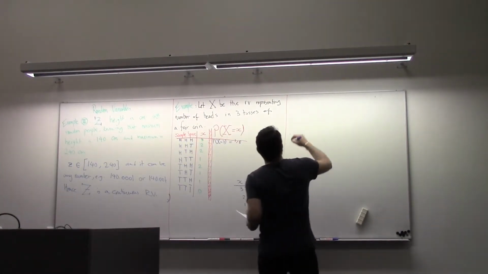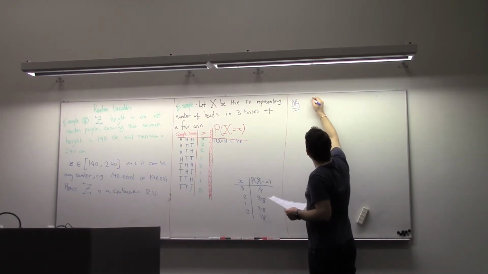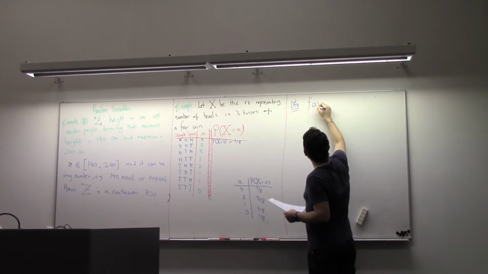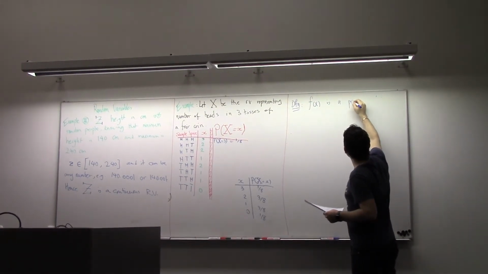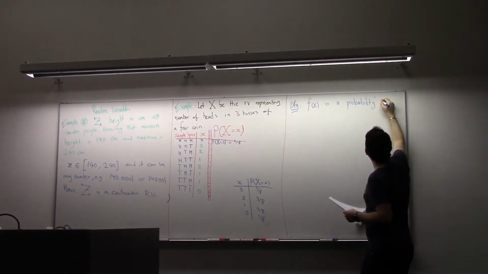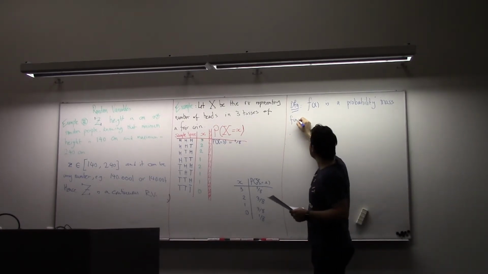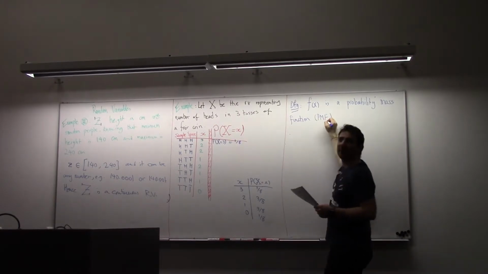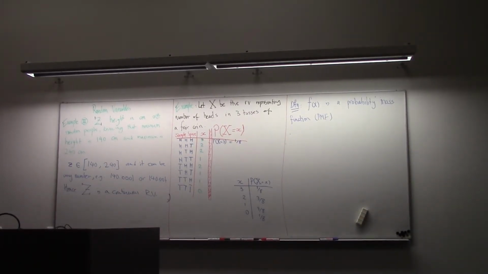And this is a definition. f is a probability mass function, known as PMF. You may remember that we have PDF for continuous forms.